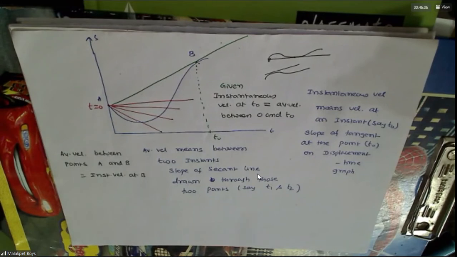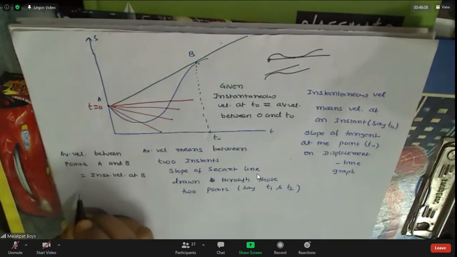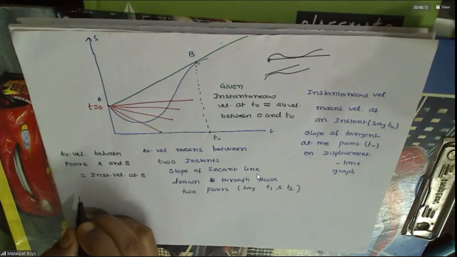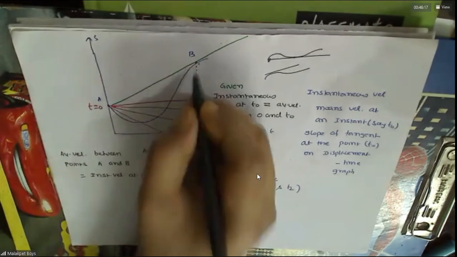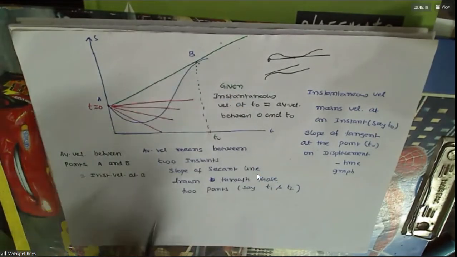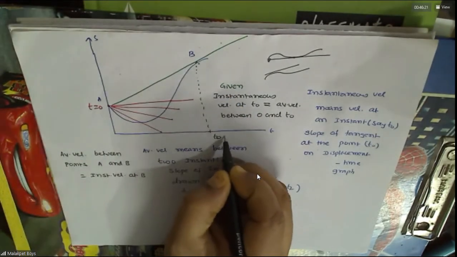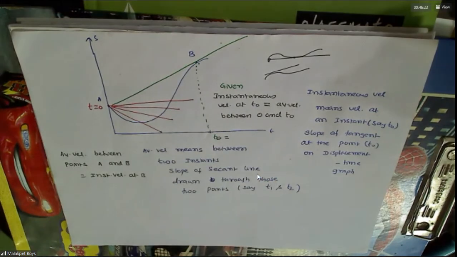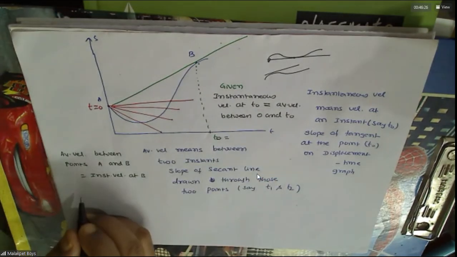Now, what is the average velocity you have between 0 and t naught? This point t naught happens to be how much in the graph? You observe carefully, this point. 3 seconds or not?